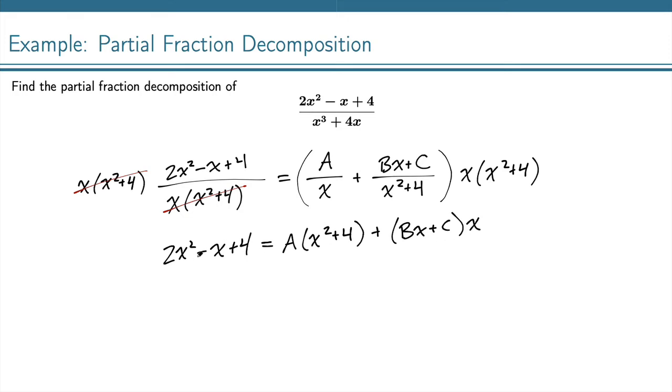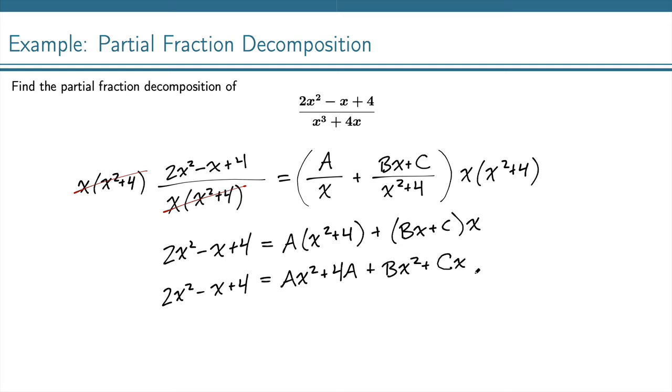Now at this point, when you're dealing with irreducible quadratics, I'd recommend just going straight to expanding everything out. So the left side of the equation is already expanded, and nearly always will be. The right side, we just multiply everything out. So a times x squared plus 4 times a. And then here, multiplying the x in, we get plus bx squared plus cx.